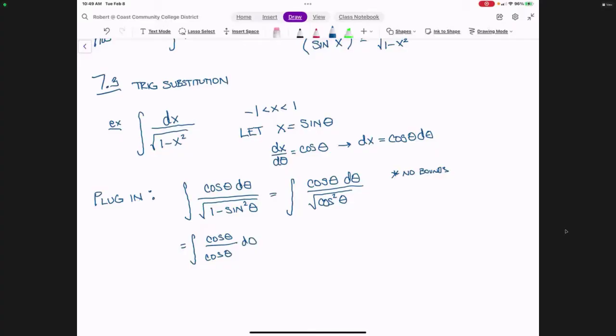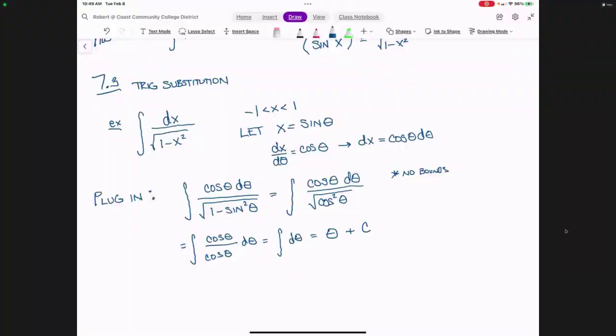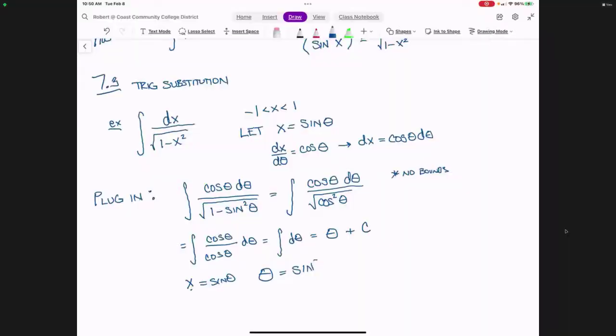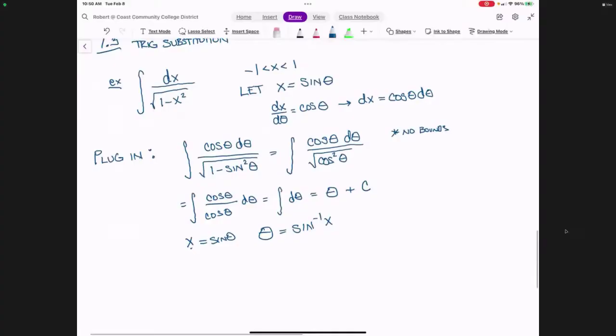And if you start reading in our textbook, we get the integral of d theta, which is just going to be theta plus a constant. Now you start with x, you got to end with x. So since x was equal to the sine of theta, then it's understood that theta must be the sine inverse or the arc sine of x.